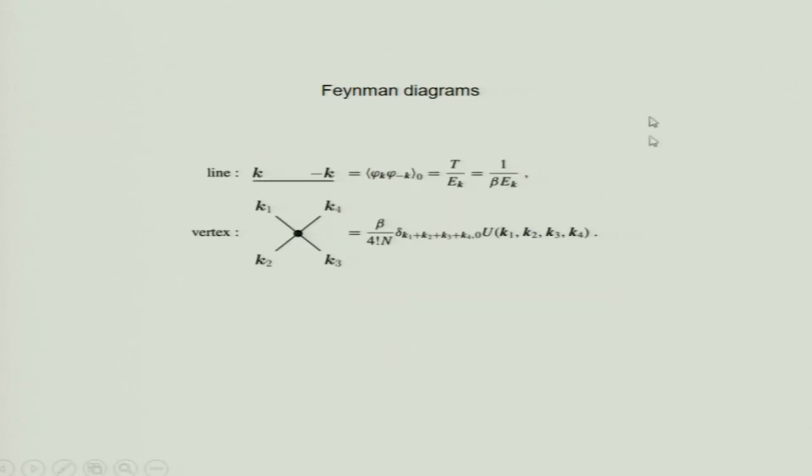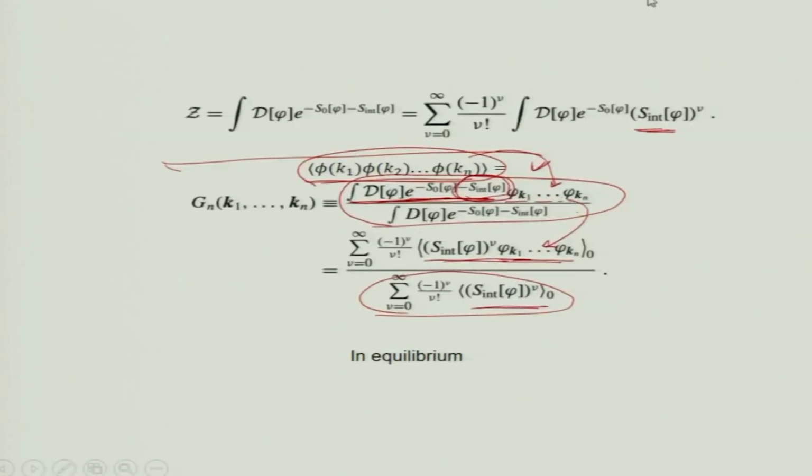Okay. Now, let me just mention this, because you need to understand this part: what is meant by first order? What is first order here in this one? I write this as 1 plus, well, you just expand this infinite series. The first term is 1, the second term will be S interaction phi, that is the next term, right.